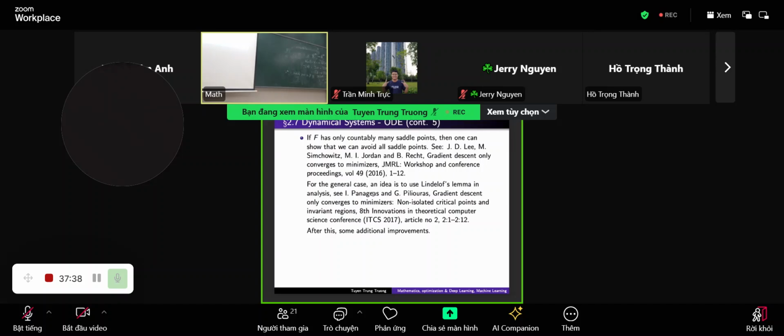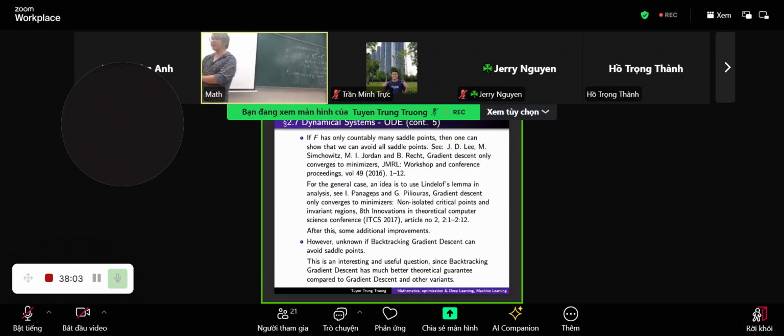And also for all these additional improvements, which prove avoidance of certain points, these algorithms don't have global convergence. So this method, proximal gradient descent, has very good global convergence.